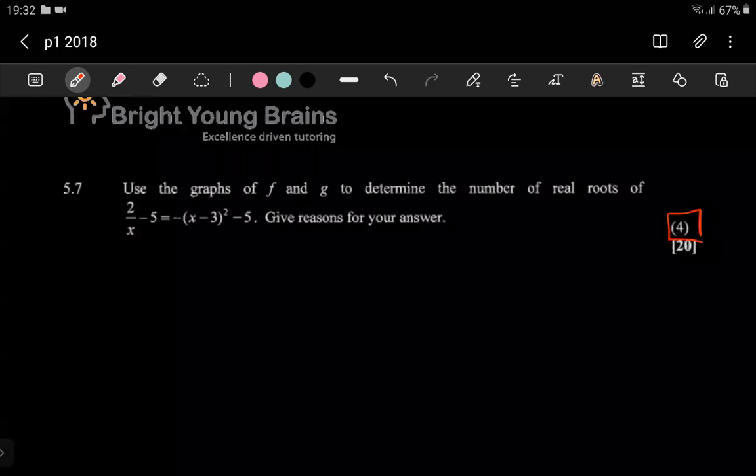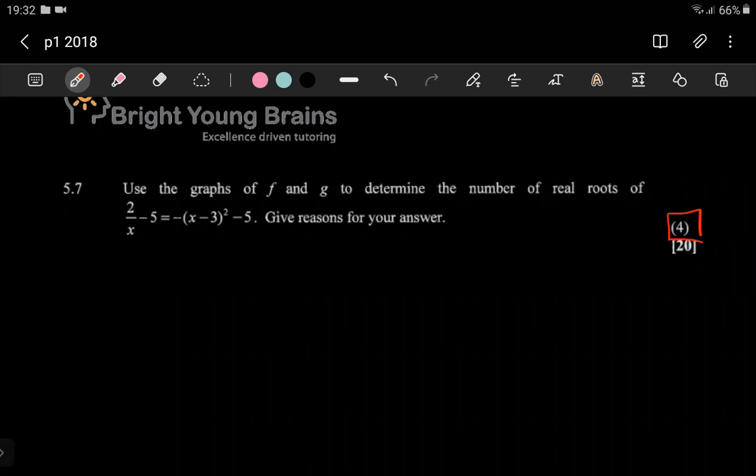No one likes to read words like real roots in a question. There's a stigma behind it, but not to a point where you should not know how to answer the question. It was just a reflex action.